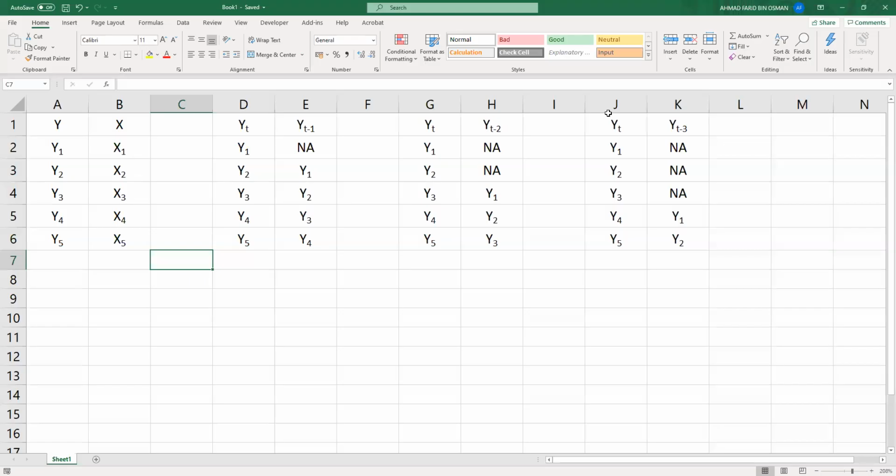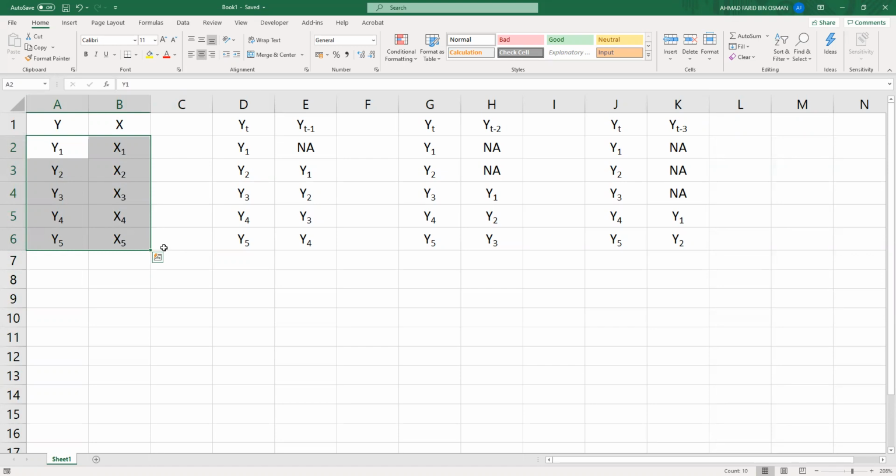Okay, so consider this data. Previously I explained that if we have bivariate data, two different series Y and X, you can use covariance to know how the two series covary, whether they are moving in the same direction or in different directions.